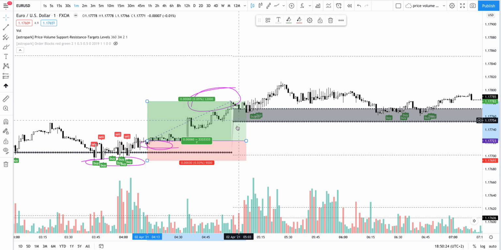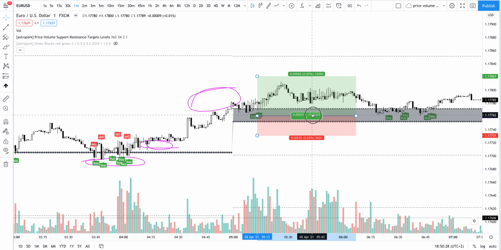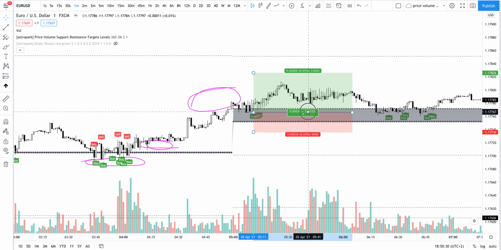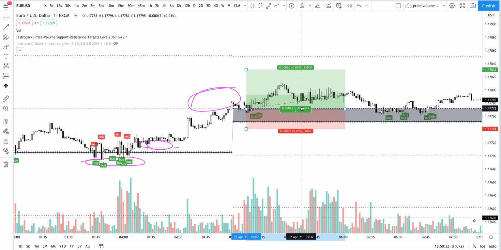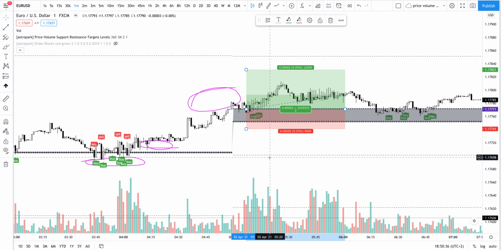Which is great. When you trade, you don't want to be right, you want to make profit. So if sometimes you lose, it's more important that you lose one but can win 2 or 3.